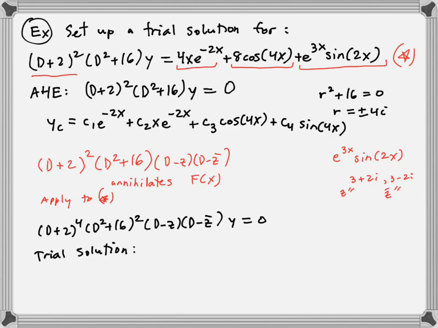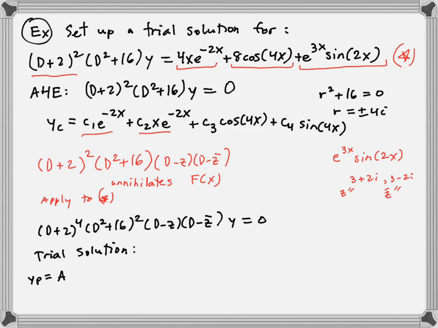Okay, there's going to be a lot of stuff, though, that's already taken care of in our YC. So let's start with d plus 2 to the 4th. I'm going to need to go up to x cubed, but I've already got the nothing and the x term taken care of in our YC. So because these first two are already there, I only need the last two.